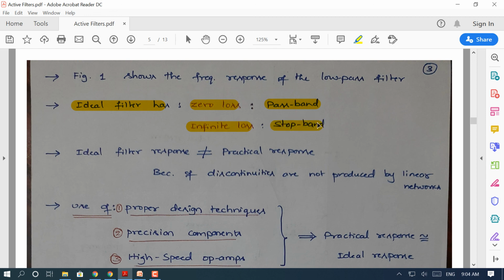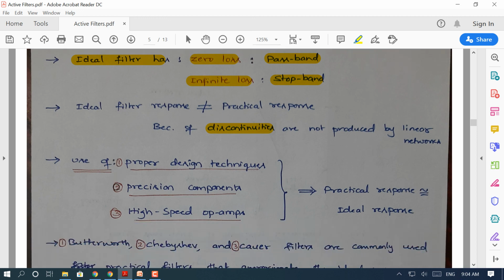Perfectly at fH, we have a stop band with infinite loss. The ideal filter response is not equal to the practical response, because there are a lot of discontinuities in the various components that we use in the filter.